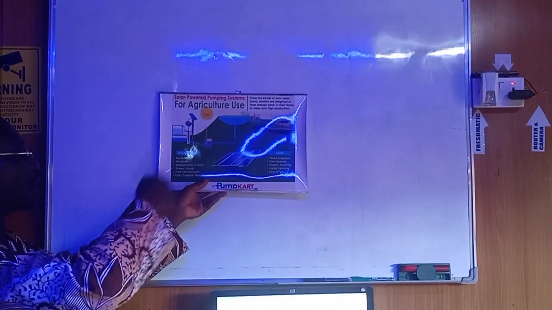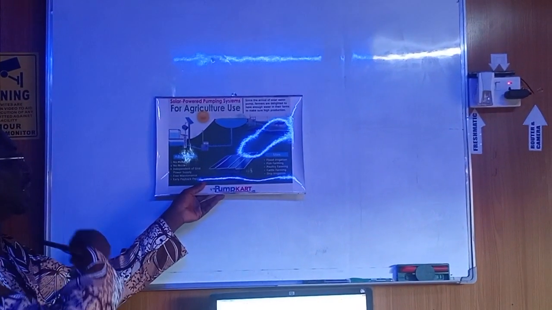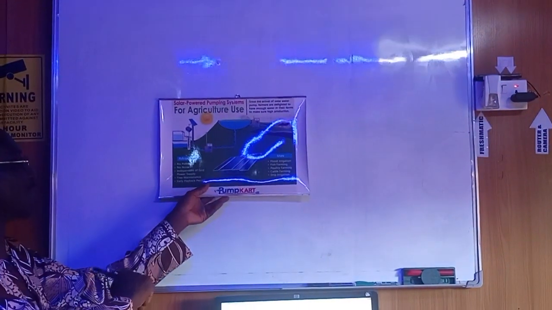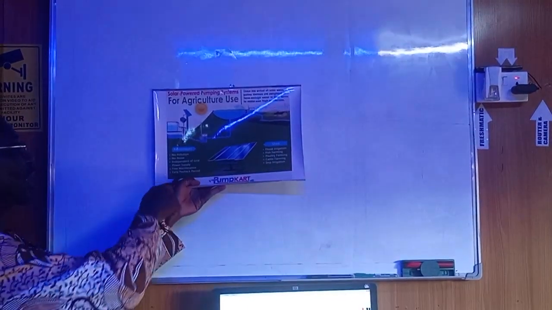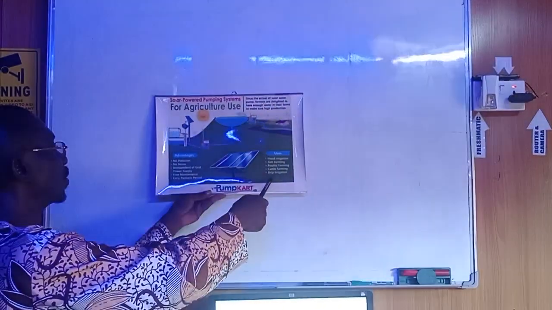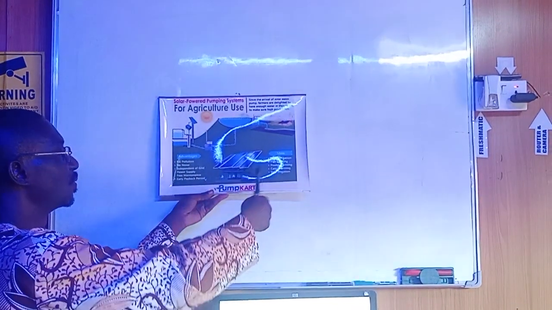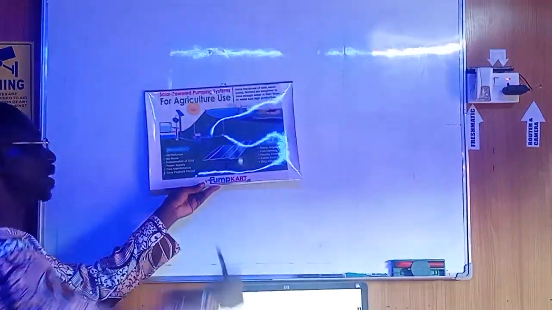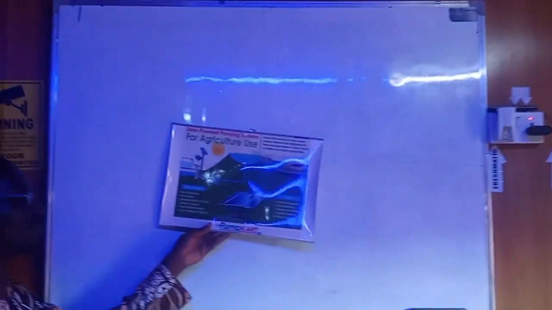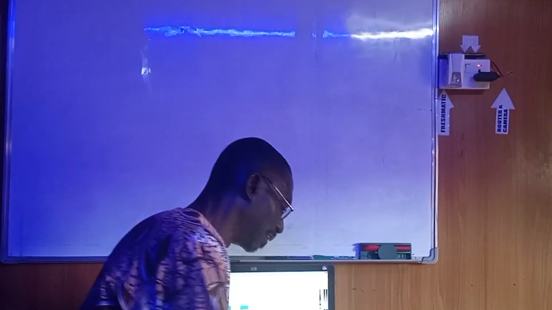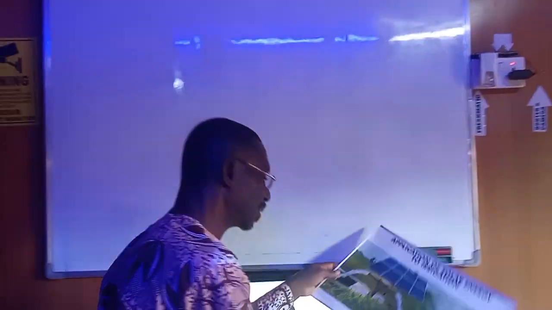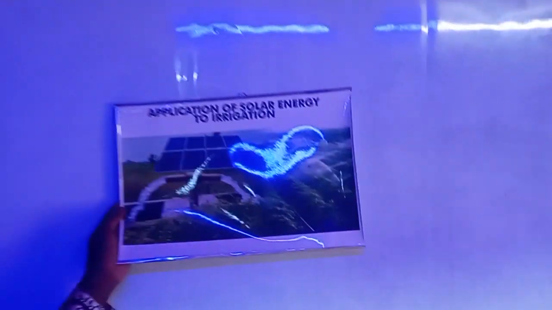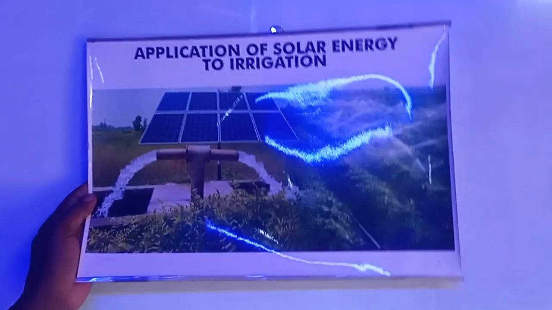No pollution, no noise, independence from grid power supply, free maintenance, daily payback. These are uses also: flood irrigation, fish farming, poultry farming, cattle farming, drip irrigation. So this was developed by Pump Cat. And these are also applications of solar energy in irrigation.